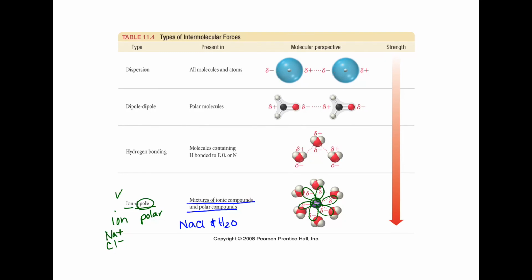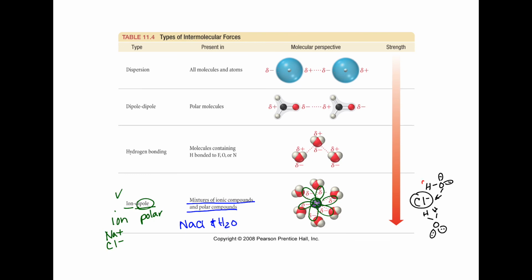Now the same thing would happen if we had a negative charge, something like a chloride. If we have a negative charge, the water molecules would orient themselves so that their positive sides were attracted. Like this.